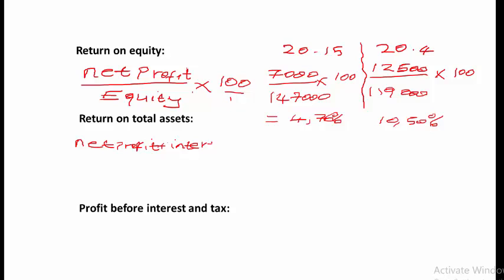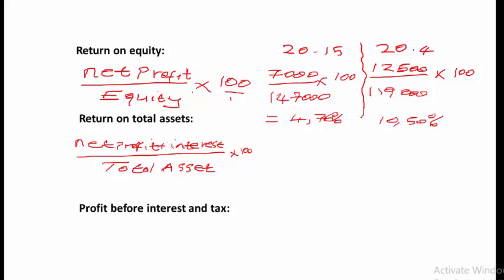Not interest on capital, but interest expense, your finance costs, over your total assets. Clearly it should be over total assets because it's return on assets. For your total assets, we're talking about both your current and non-current assets. So times 100. So this is how it is.